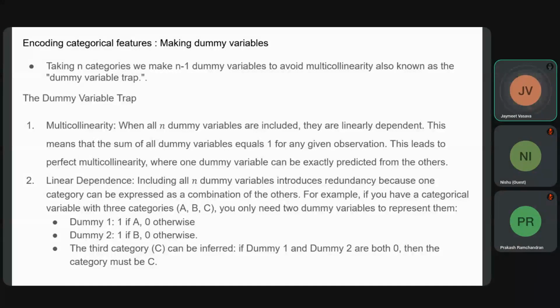If dummy one and dummy two are both zero, then it has to be category C. To avoid that, we use n-1 variables. By dropping the category C, we have no way to infer it, and therefore we can predict by avoiding the dummy variable trap.